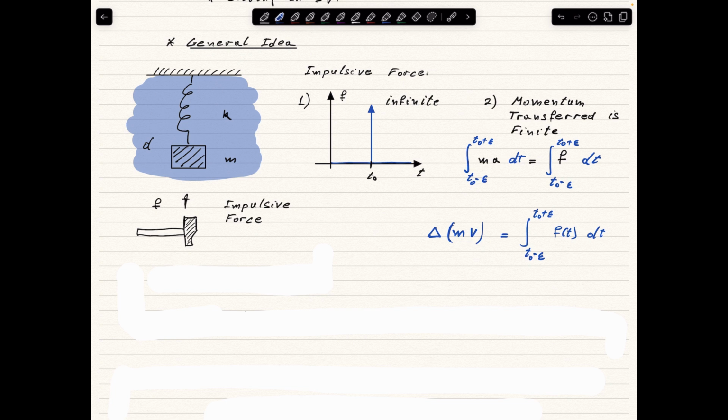Well, what we have over here is the definition of the momentum transferred to the system. That's the definition of momentum, the difference between mass times velocity before and after something happens, transferred.